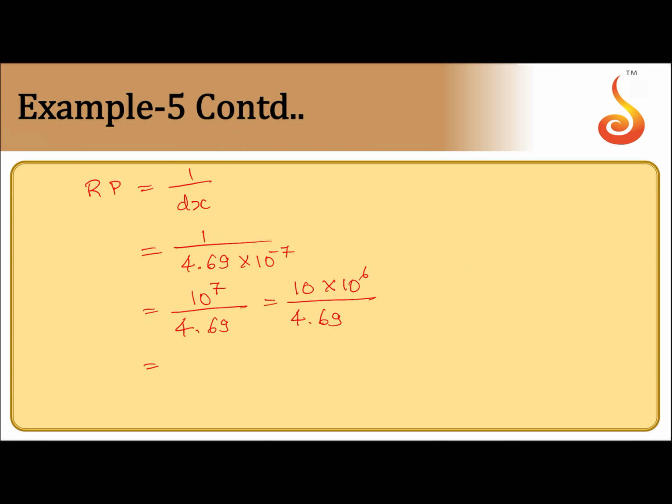So 10 divided by 4.69 is equal to 2.132 into 10 to the power 6 per meter. This is the resolving power.